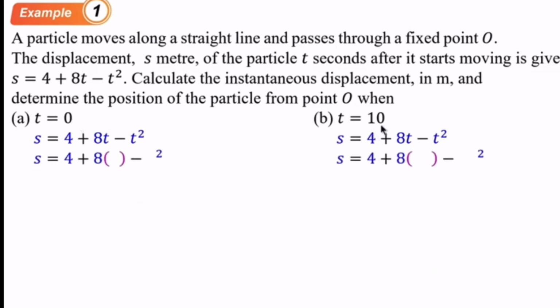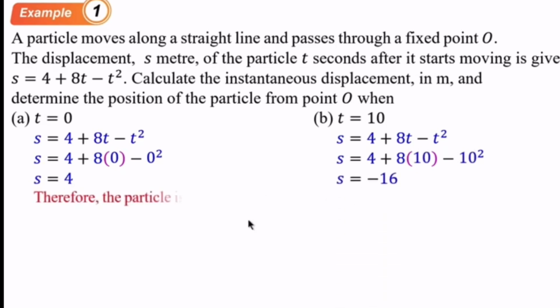So calculate the instantaneous displacement. We will substitute the t value into the s, and then we will find the displacement, and that displacement is called the instantaneous displacement. So for t equal to 0, s is 4, and for t equal to 10, s equal to negative 16.